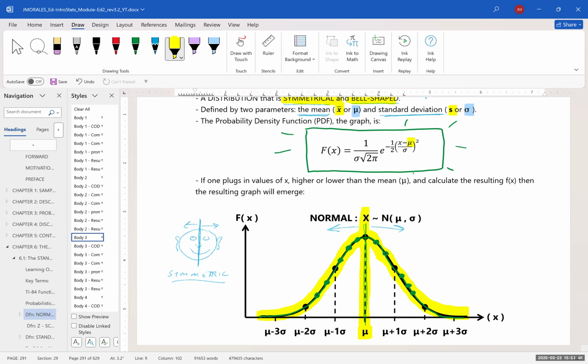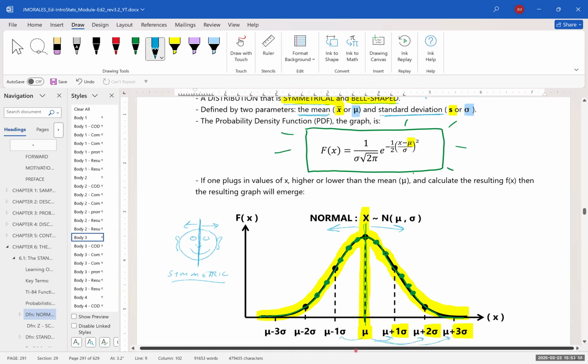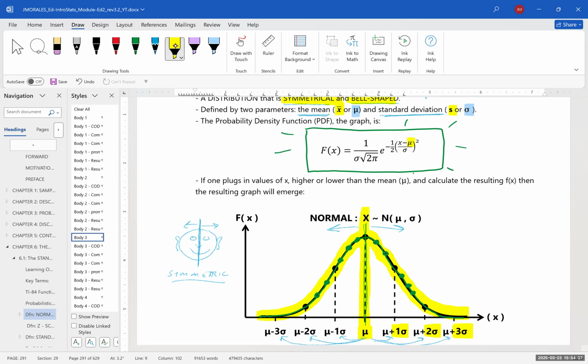So we can go 1, 2, or 3 standard deviations above the mean, and we can go 1, 2, and 3 standard deviations below the mean. And you'll notice that standard deviation is here and here in this equation.